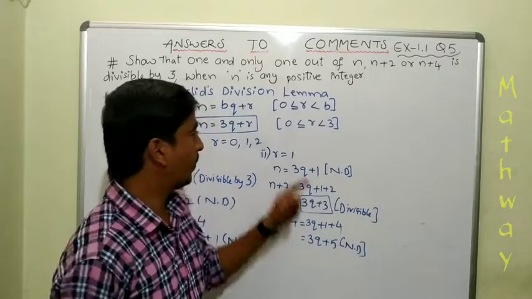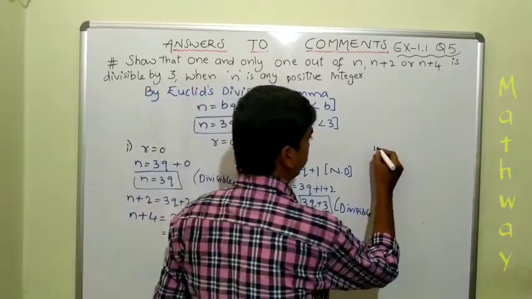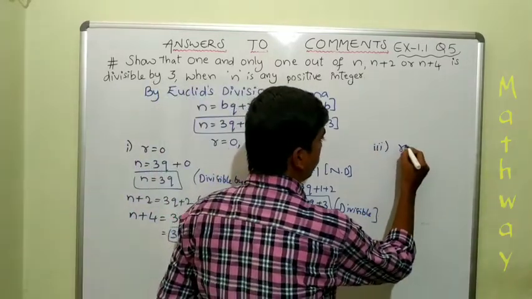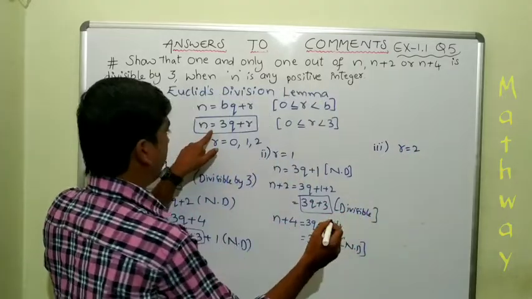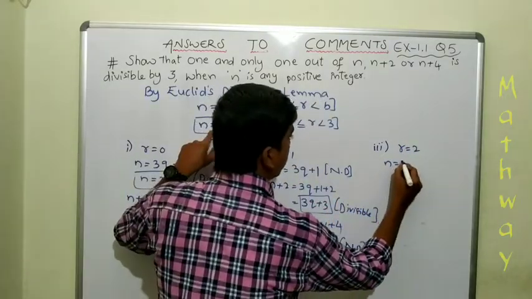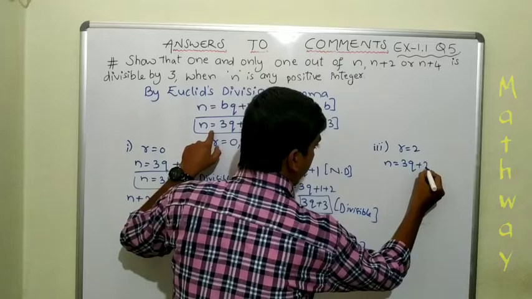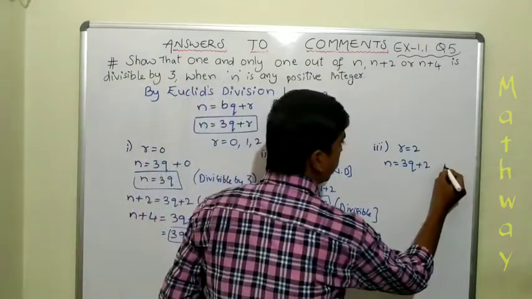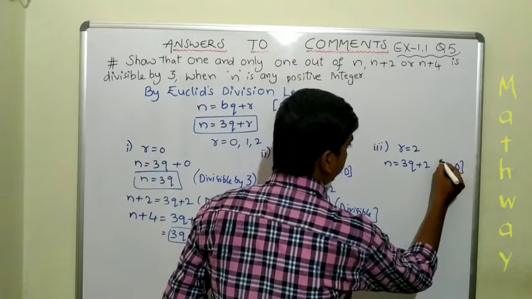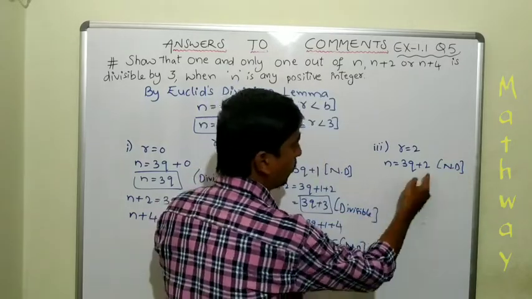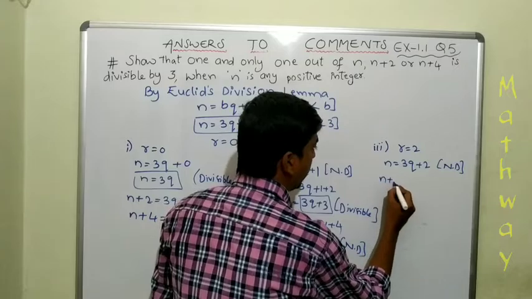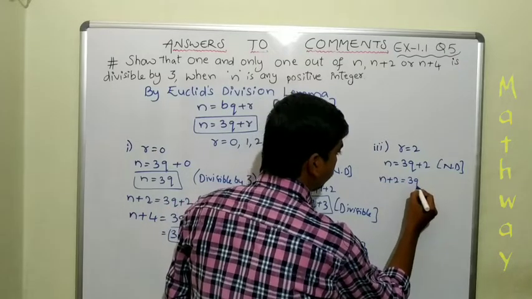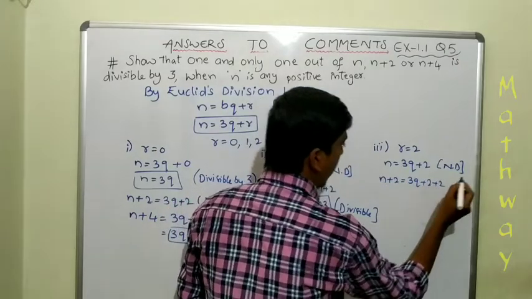Now substitute remainder as 2. So when the remainder is 2, then we get n equals to 3q plus 2. Remainder is 2, so it is not divisible by 3. Then add 2 on both sides, then n plus 2 equals to 3q plus 2 plus 2.